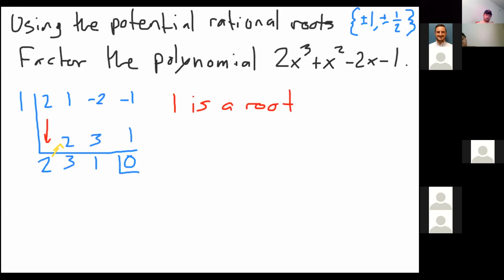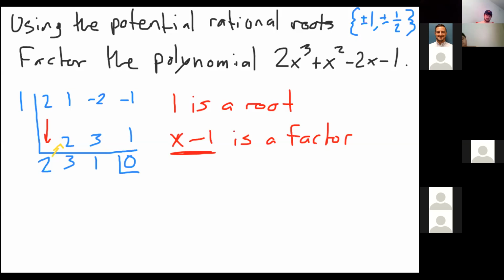1 is a root, which means x minus 1 is a factor of that polynomial, 2x cubed plus x squared minus 2x minus 1. Because if I plugged in a +1, this would become a 0, making that entire polynomial 0.